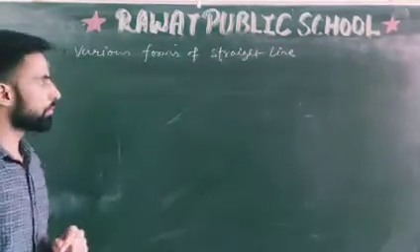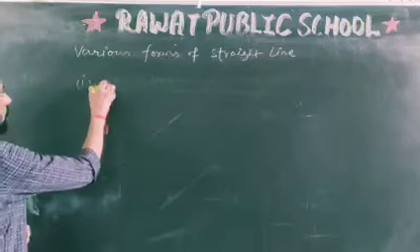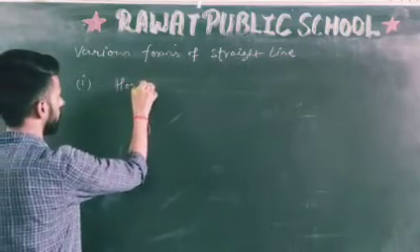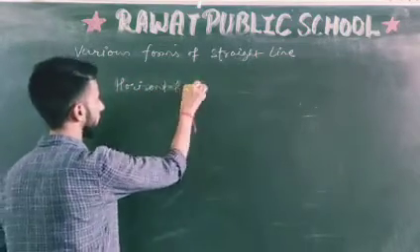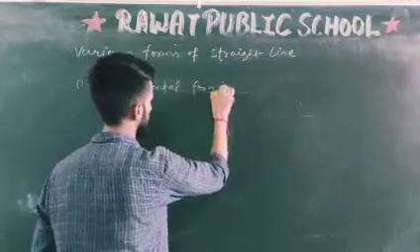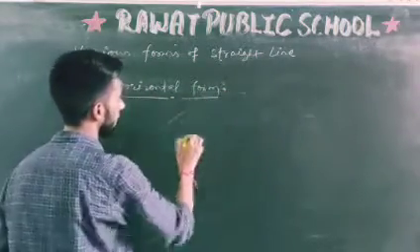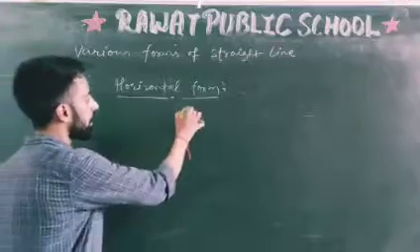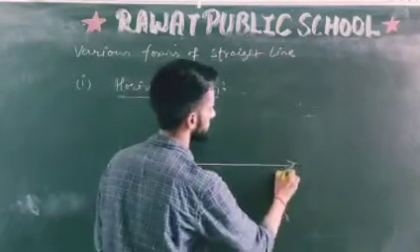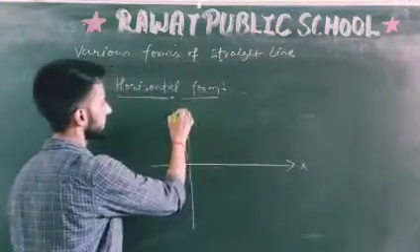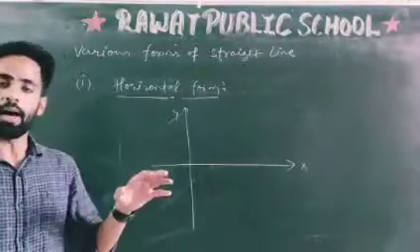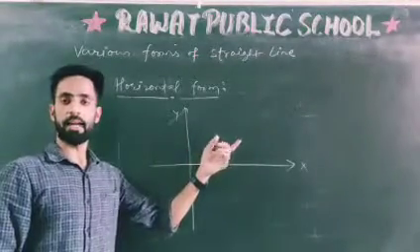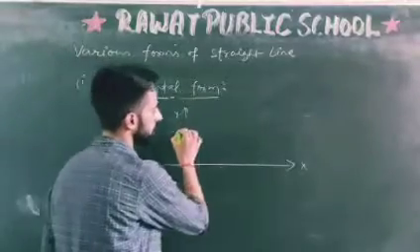The very first form is the horizontal form. In this form, the line is drawn parallel to the x-axis. If this is the x-axis and this is the y-axis, a line is drawn parallel to the x-axis as a horizontal line, like this.